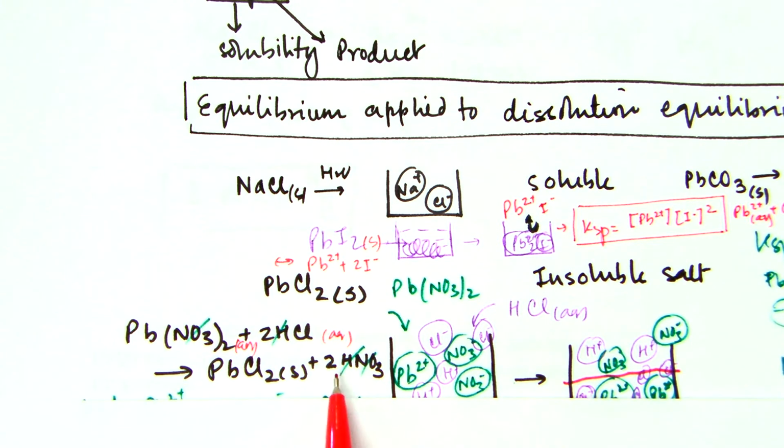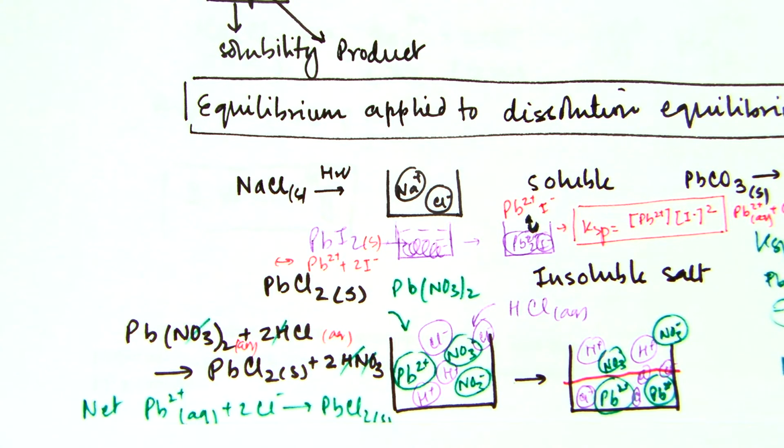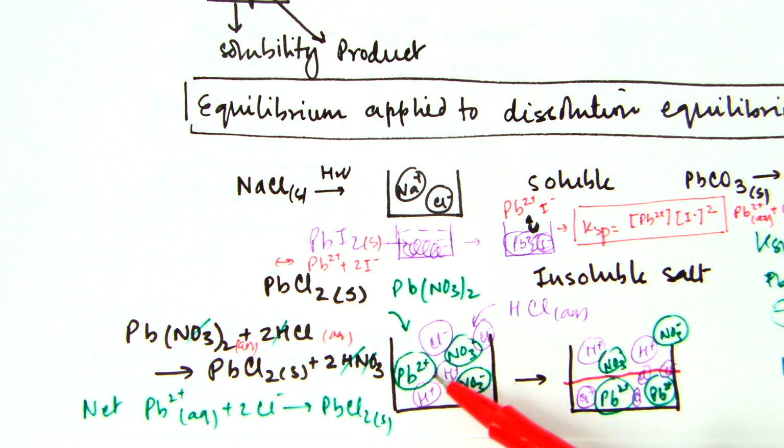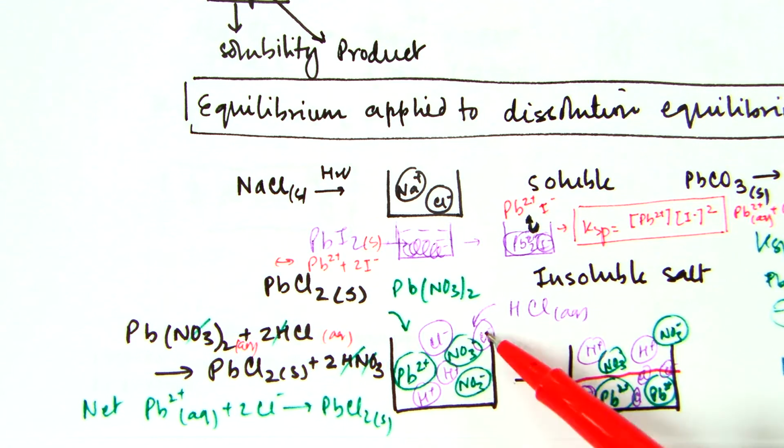If you were to look at its particulate level drawing here, you mix Pb(NO3)2, mole ratios are right here, and HCl, everything is separated. I didn't have enough space here, so they kind of look scrunched together. But when you draw them, be sure to draw them separated because they are aqueous.